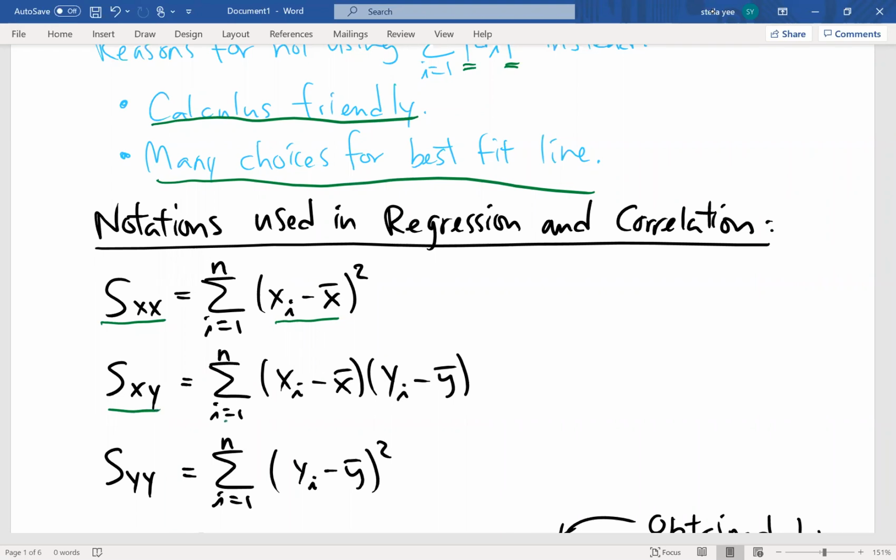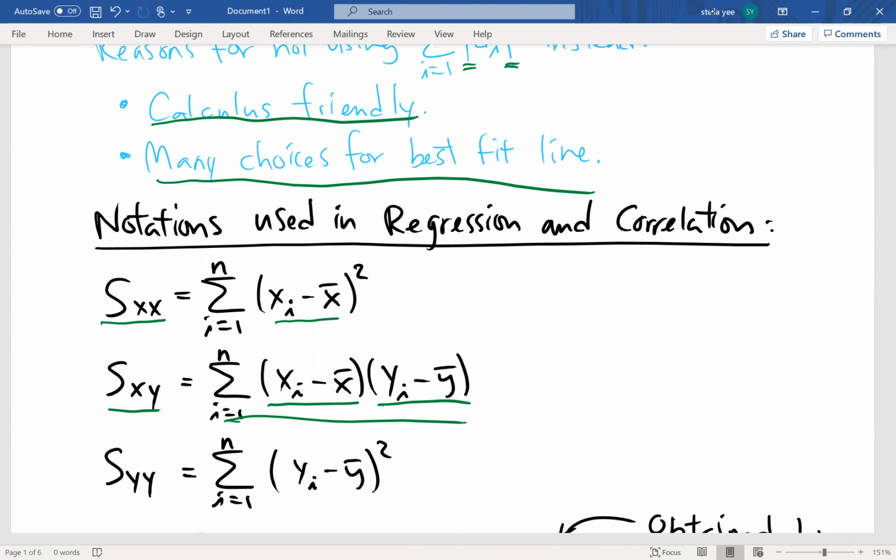SXY looks like a similar formula. Instead of multiplying xi minus x bar twice, one of the factors is xi minus x bar, but you multiply that with the corresponding thing for the y variable, yi minus y bar, the actual y value minus the sample mean of y. That's your SXY.